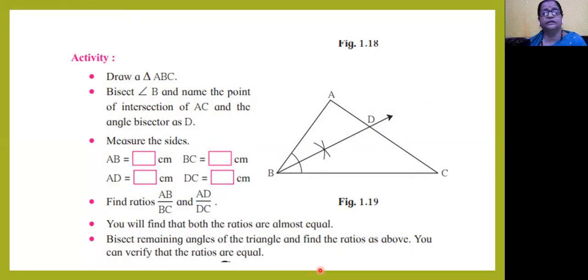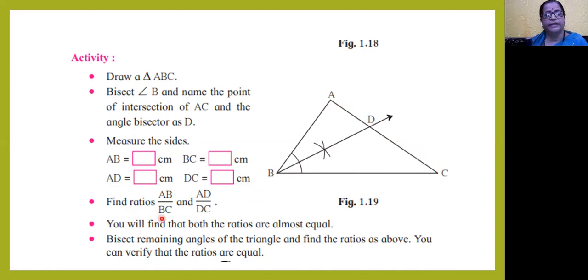An activity is given here. One triangle is drawn, that is ABC, and an angle bisector is drawn bisecting angle ABC. Here it is given that you have to measure AB and BC, and AD and DC.